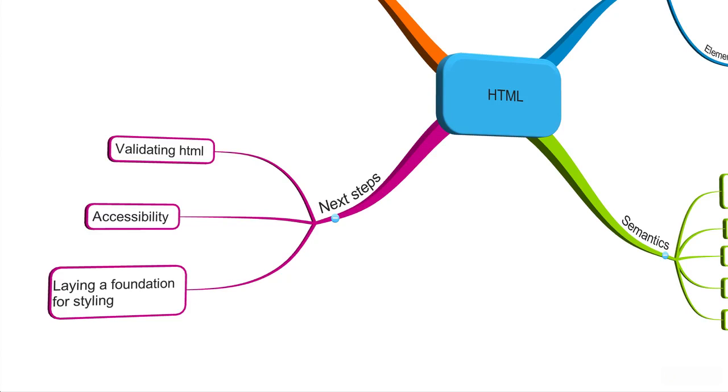And my choice in an advanced course would be to include more material about validating HTML, more material about accessibility, and what we'll do in this course is to lay the foundations, a uniform foundation for starting to style your documents. The styling does not belong in HTML.